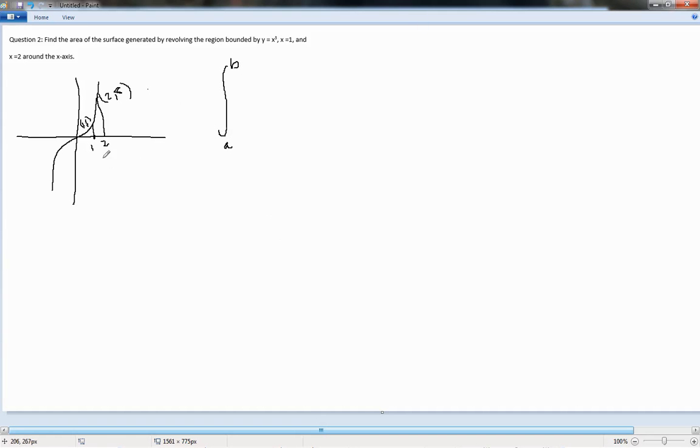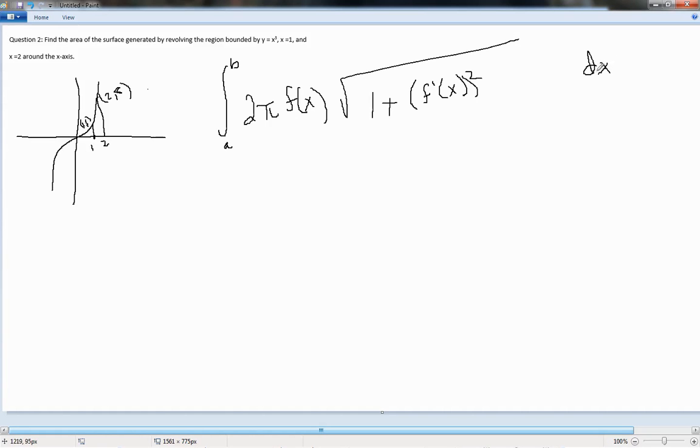Since we're revolving around the x-axis, we're going to go in the x direction. 2 pi, and then we're going to have our f of x, which will be what y is equal to, our x cubed, and then the square root of 1 plus the derivative f prime of x squared. Okay, so our a and our b are going to be our x limits here, 1 and 2.